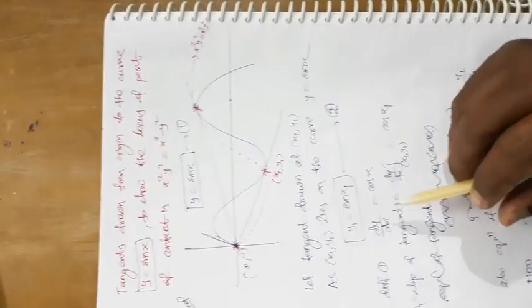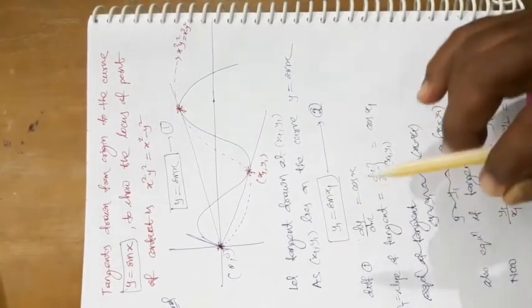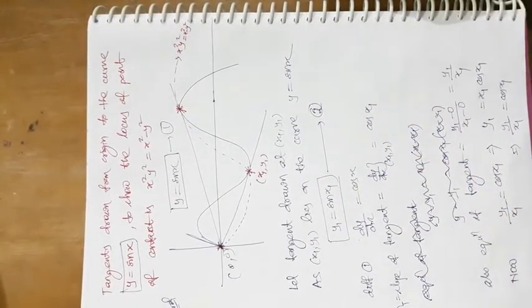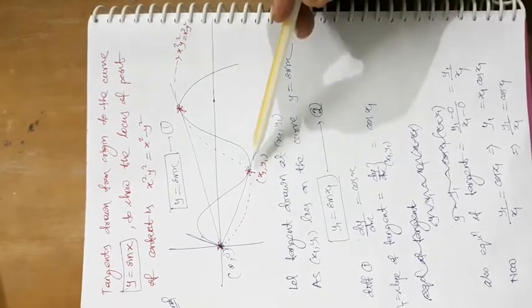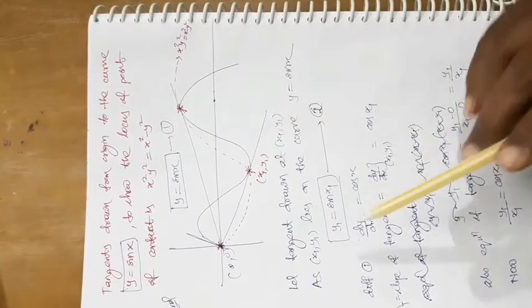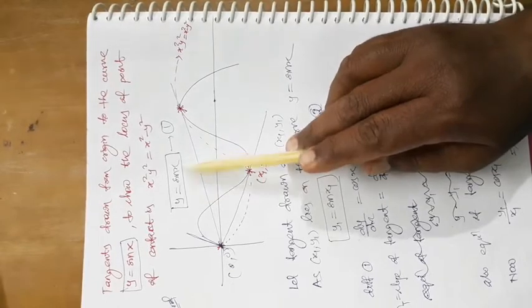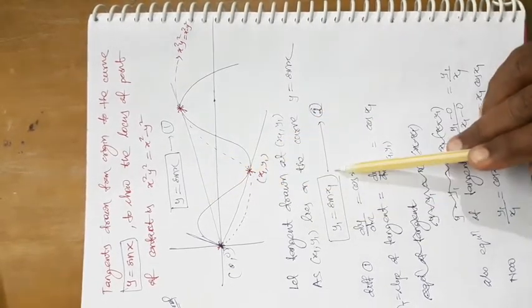Now look here. What we have to do? It is given y is equal to sin x. Suppose we are going to draw the tangent at a point. The name of that point is suppose (x1, y1). When the point lies on the curve, obviously you have to put y1 and x1. So y1 is what? sin x1.